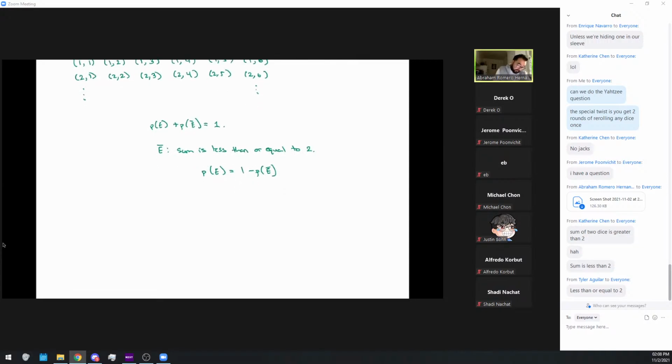So the probability of E is equal to 1 minus the probability of E complement, well, that's 1 out of 36 outcomes, which in the end is 35 over 36. And whatever that is, I think it's like 98% or something like that. Let me check. 97%. So this is approximately 97%.